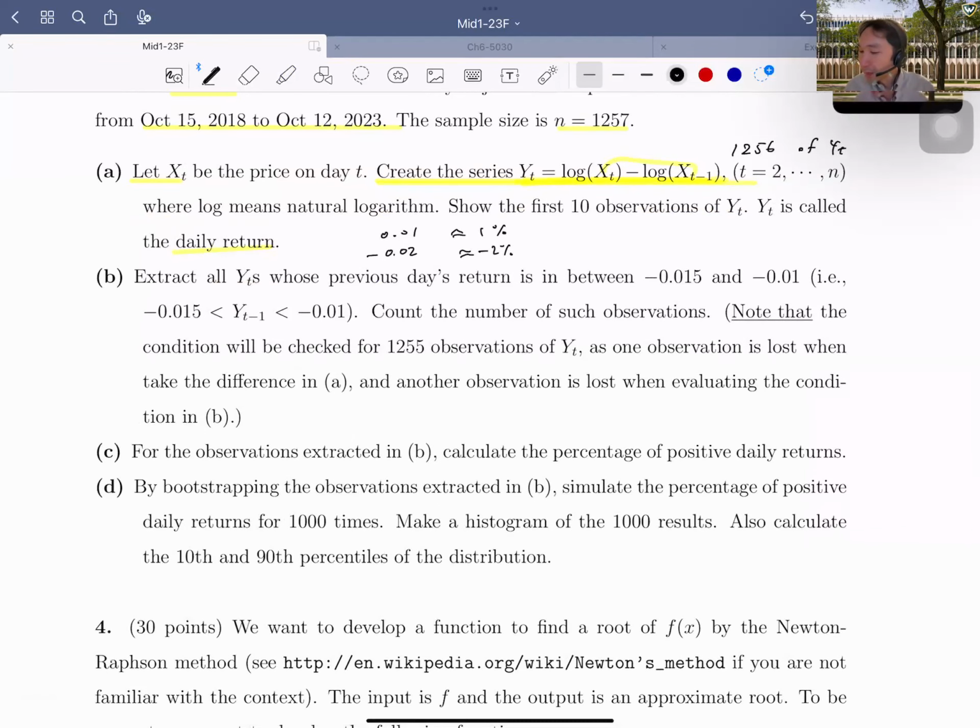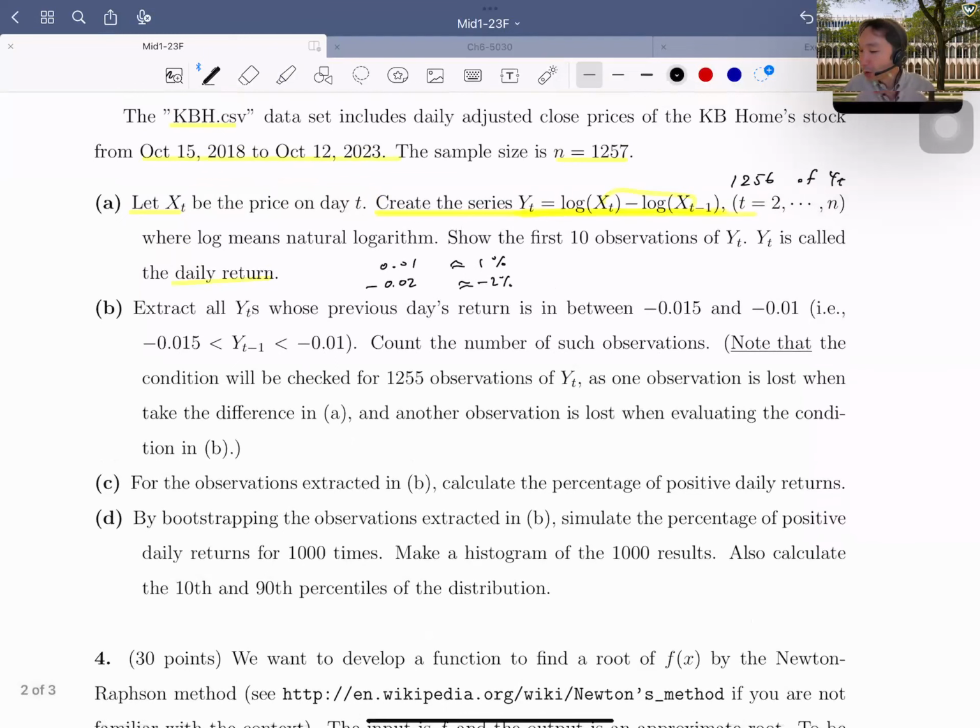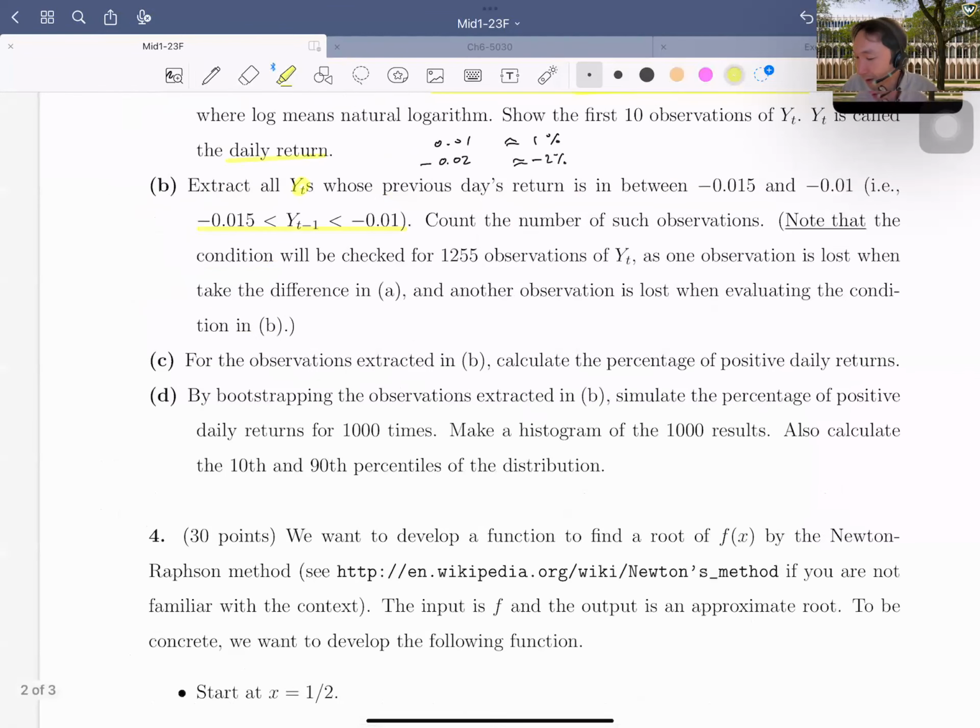And question B: extract all YTs whose previous day's return is in between negative 0.015 and negative 0.01. So the condition is here. Basically, we want to extract YT, but the condition is given by YT minus 1.